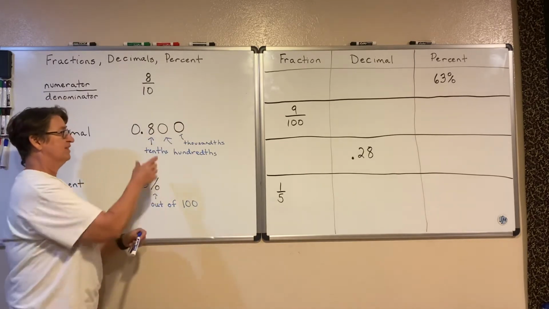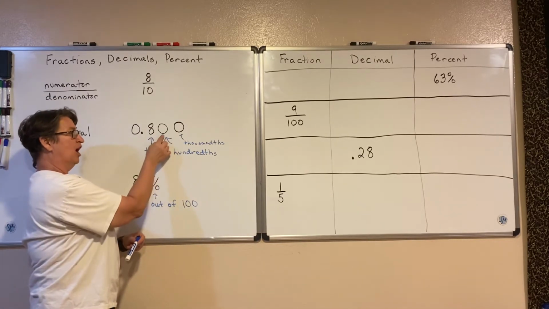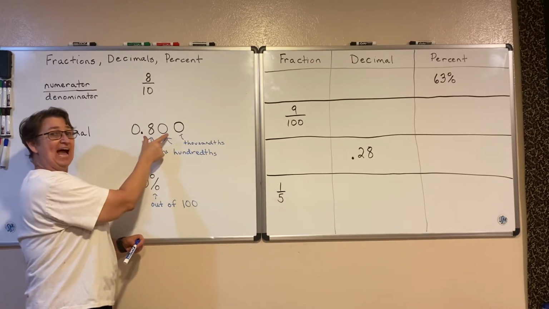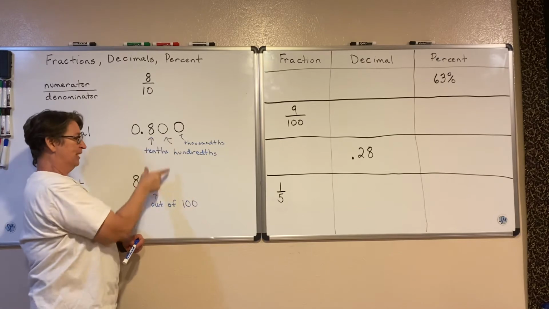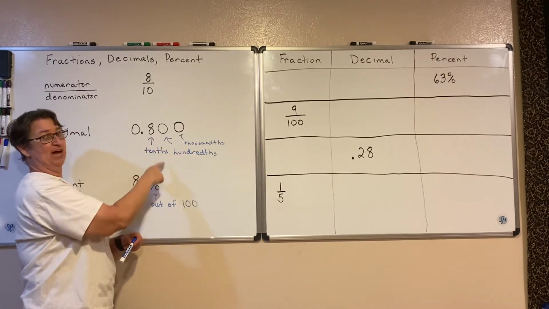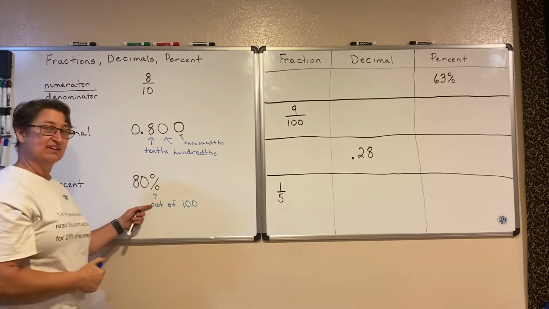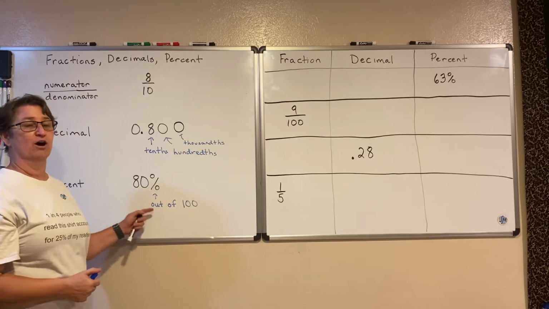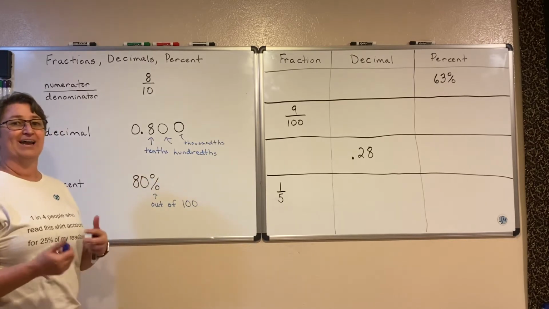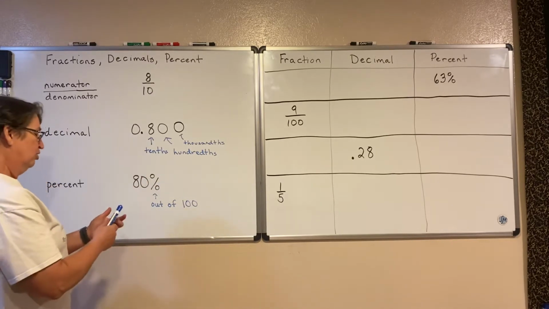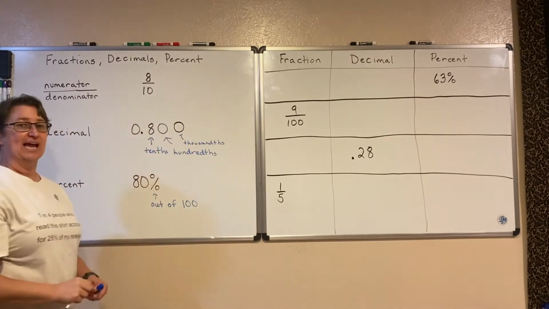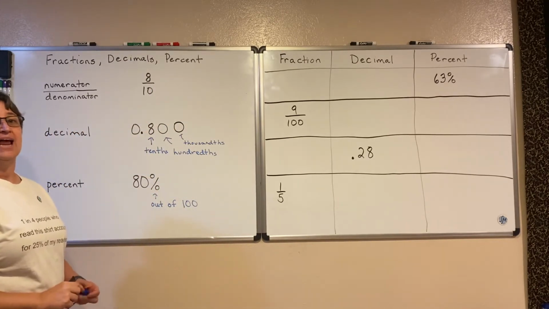Now notice that here, when I go out to my hundredths place, I have 80. So it's 80 out of 100. 80 pennies out of 100 is the same as 8 dimes out of 100. So your percent is just always out of 100. So if I'm talking about 80%, I'm talking about 80 out of 100, which that's not what this fraction looks like, is it? It looks like 8 over 10, 8 out of 10.